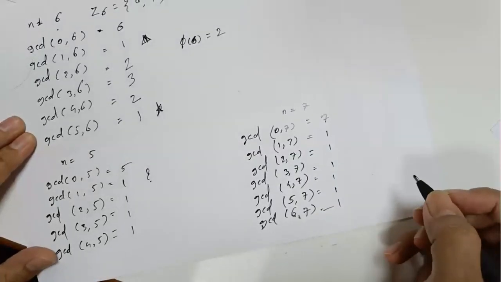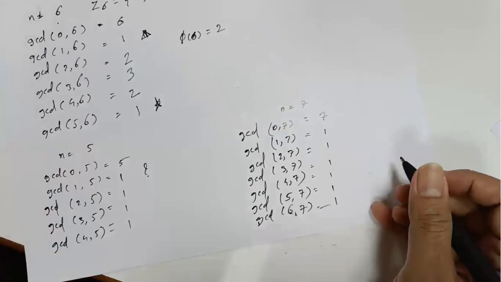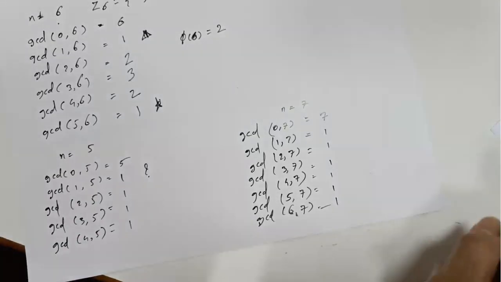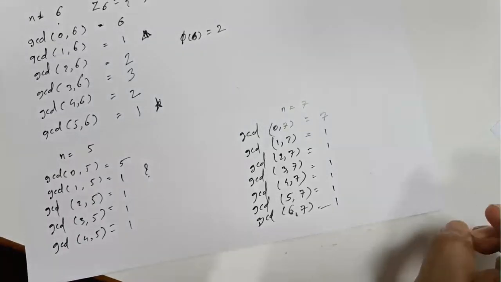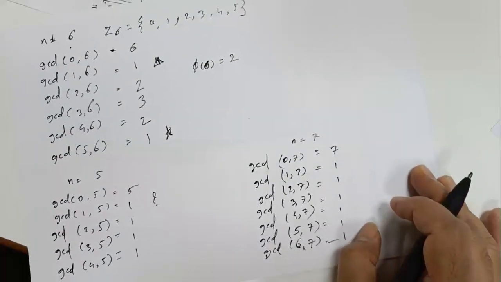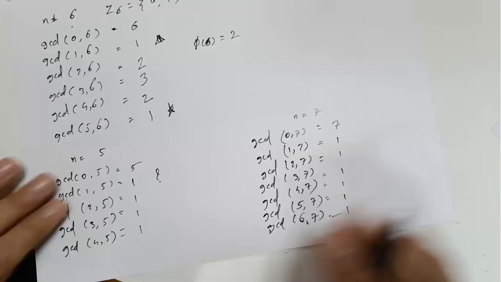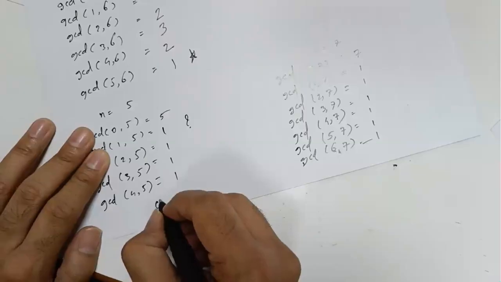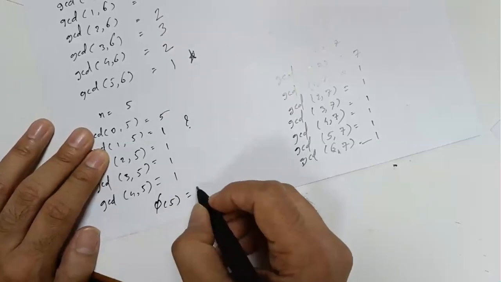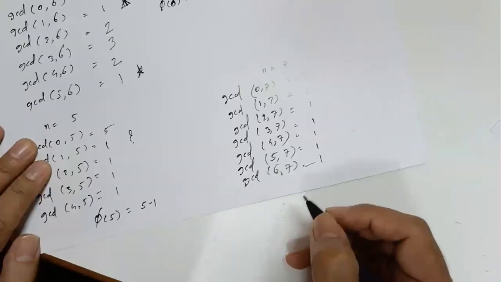Okay. So can you give me some inference or conclusion here? For a prime number, we are getting n minus 1. Great. So for prime numbers, the phi function gives you n minus 1.